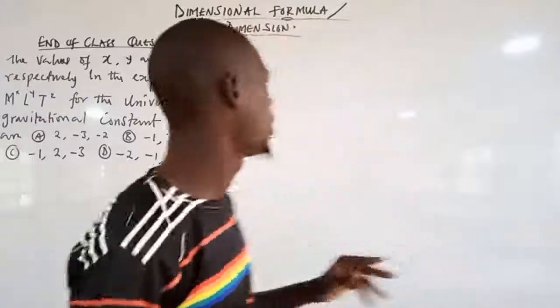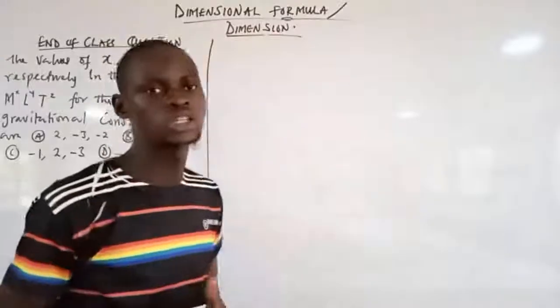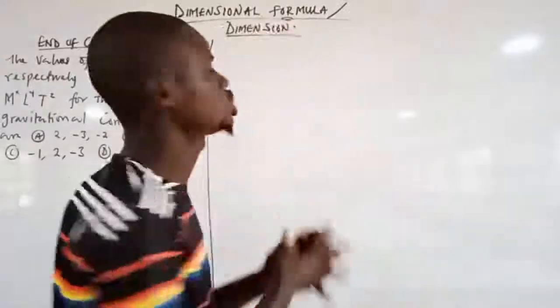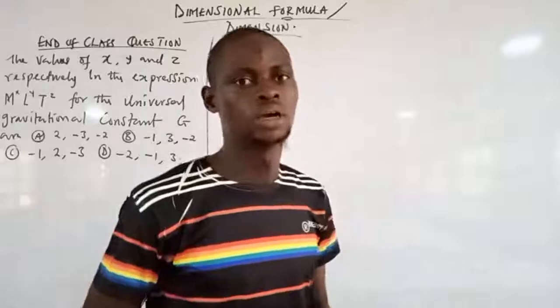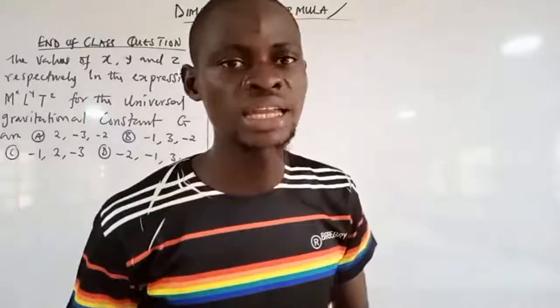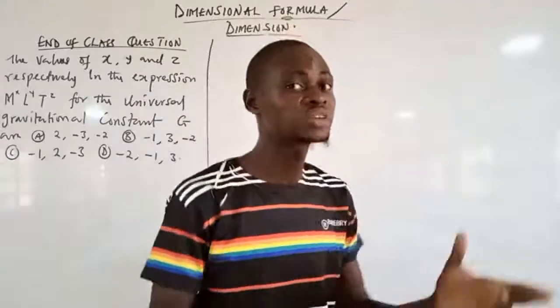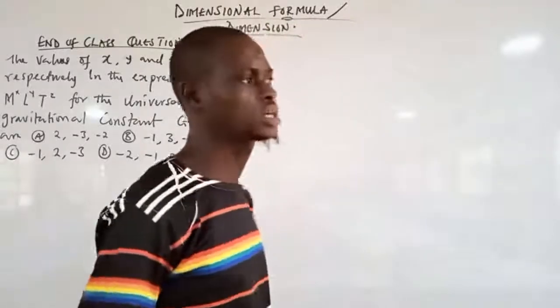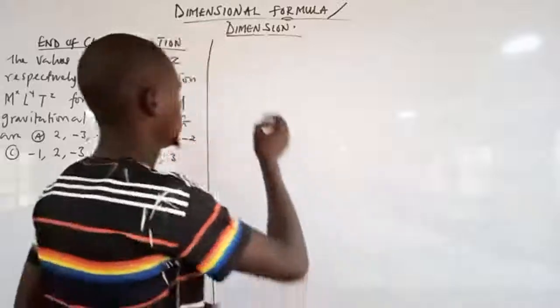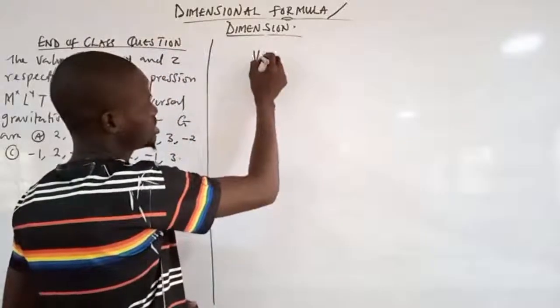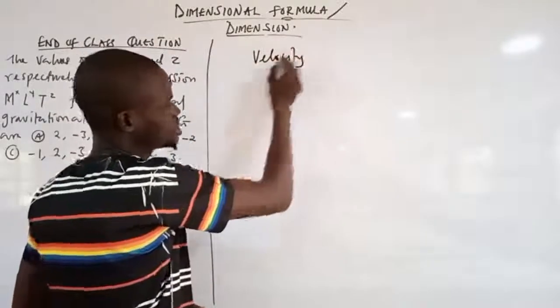Now, what are we expected to understand under dimension in JAMB? All you need to understand is how to write the dimensional formula for different derived quantities. Let's say, for example, velocity.